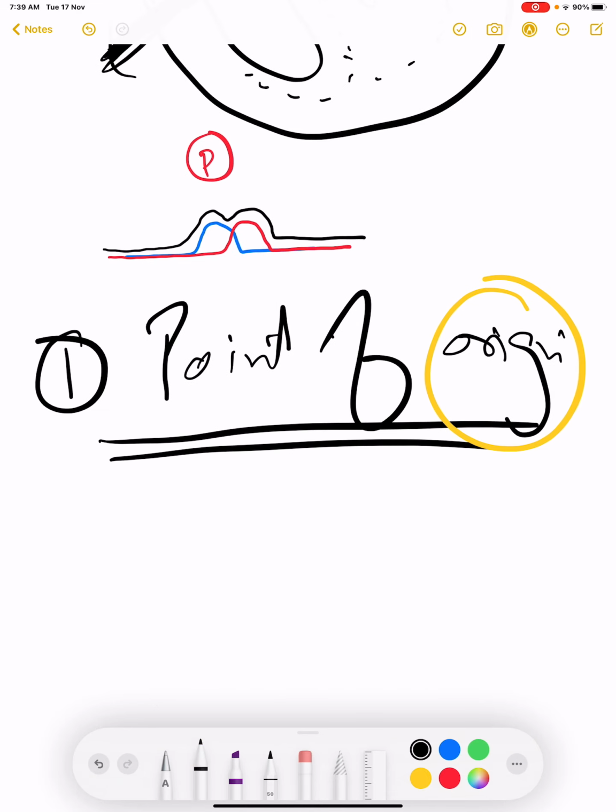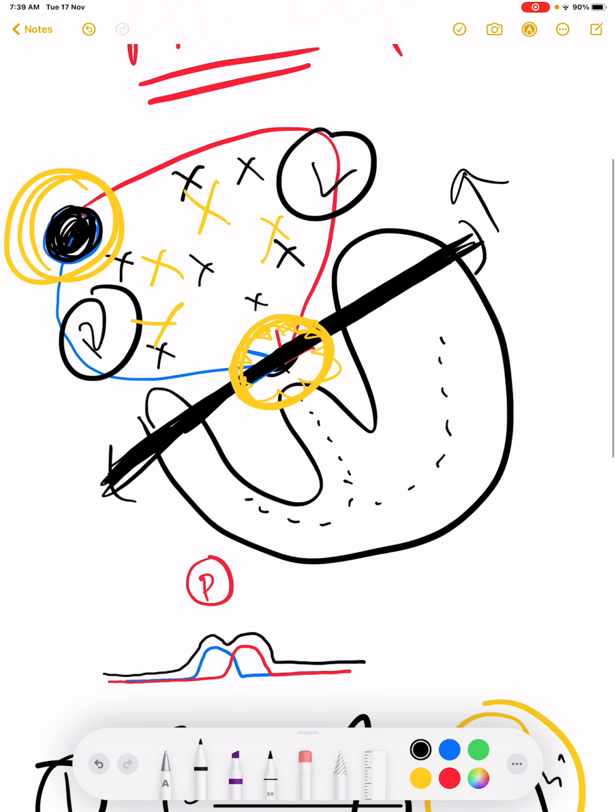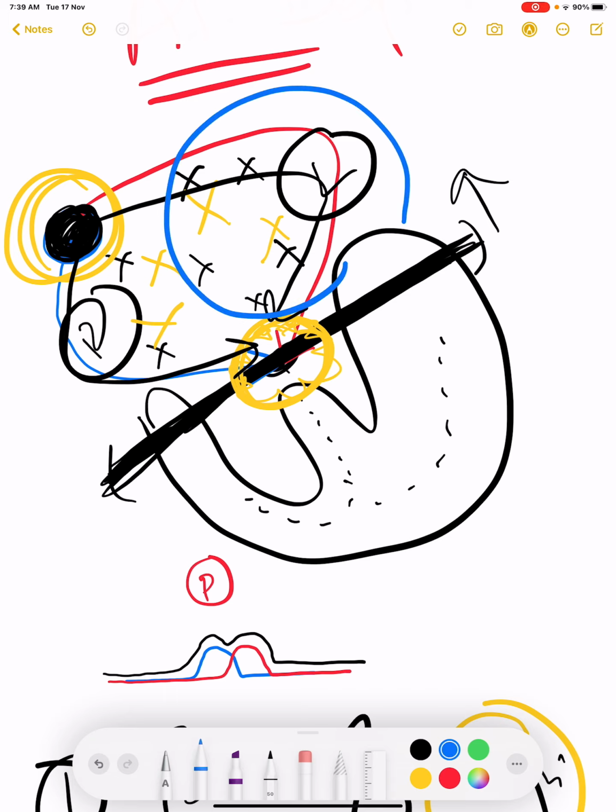And the second thing upon which the shape of the P wave depends is its pathway of depolarization. So after originating in the SA node, it reaches the AV node, meaning its pathway is normal. Normal means both of our atria are of normal size.